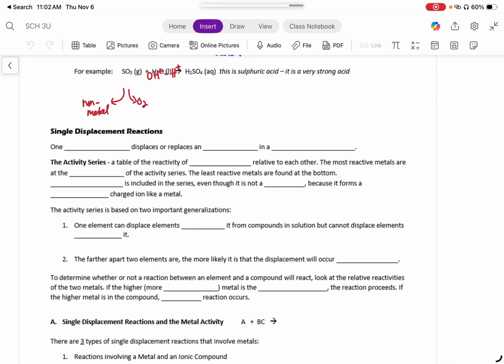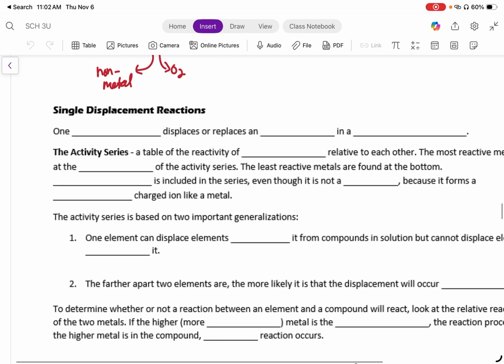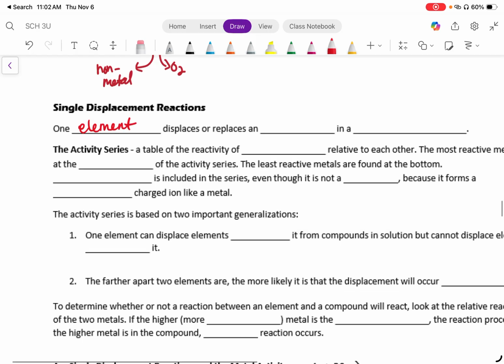So we are going to continue on with chemical reactions, taking a look now at single displacement reactions. A single displacement reaction is when one element displaces or replaces an ion in a compound.